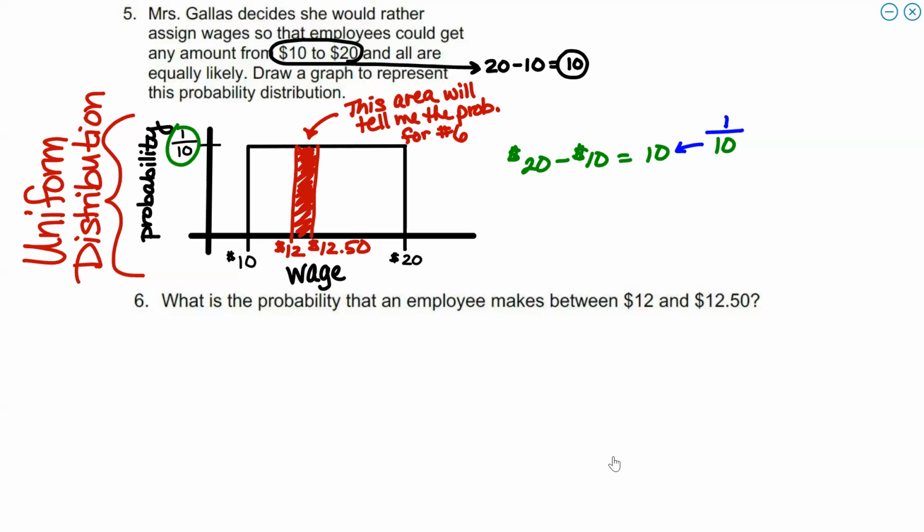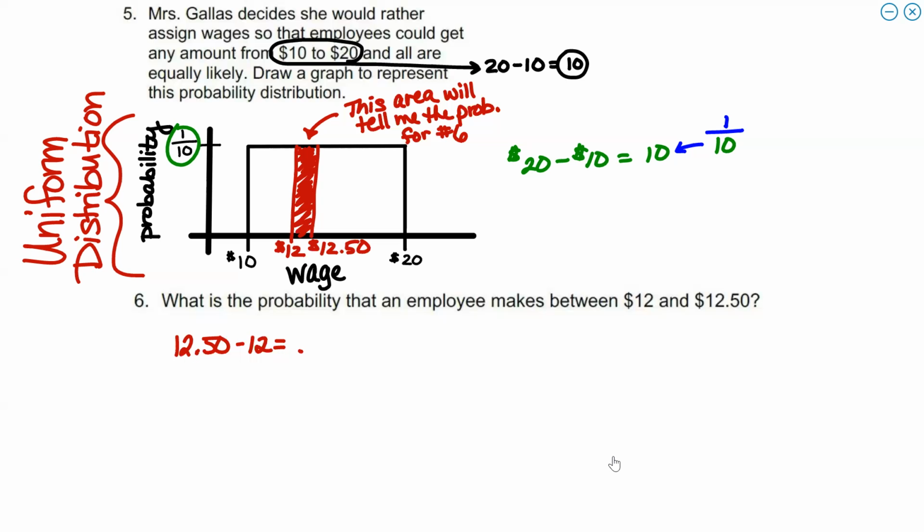So how do I find the area of that rectangle? That's going to be length times width, right? How wide are we across the bottom? From 12 to 12.50. How far is that? 0.5, yeah. 12.50 minus 12.